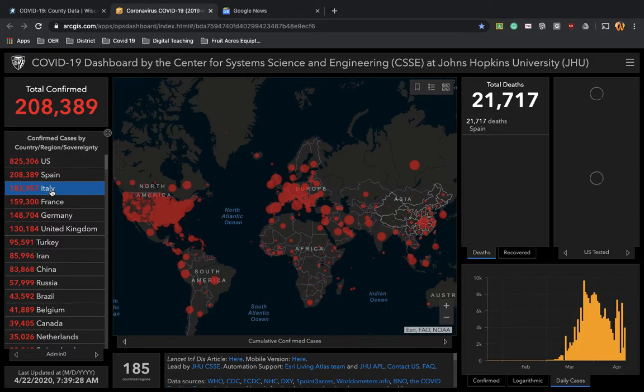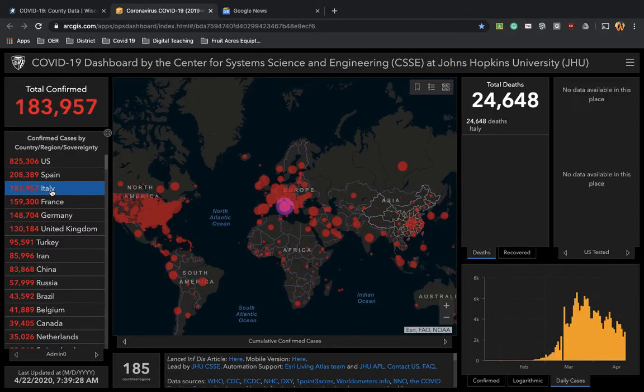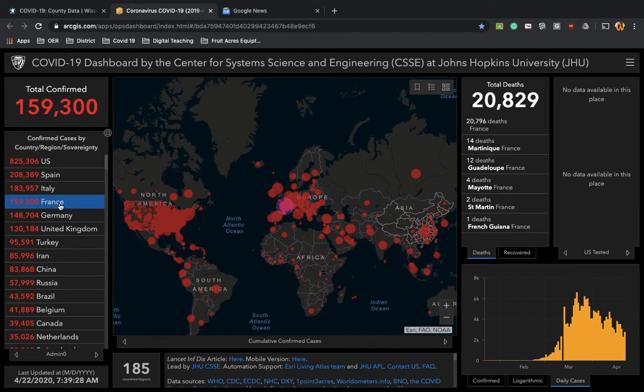Okay, let's look at Italy. Italy's trend, right, here's the exponential growth curve up and a more steady decline. Certainly some ups and some downs, but a more steady, more consistent decline. They reported only 2.7 thousand new cases yesterday. If I look at France, I'll see something very different.